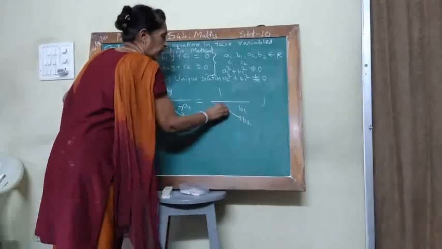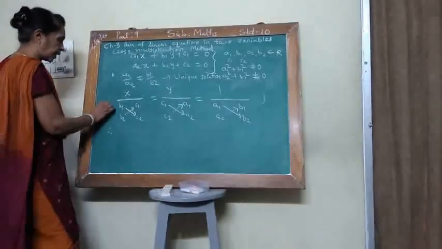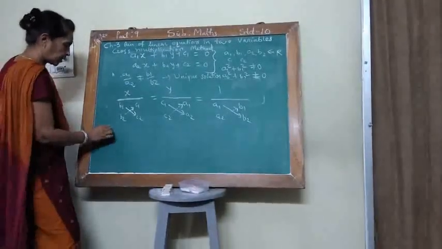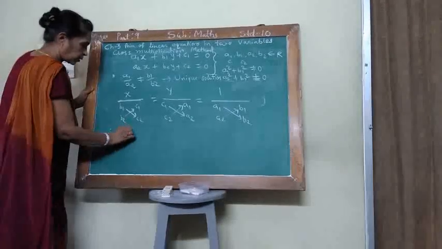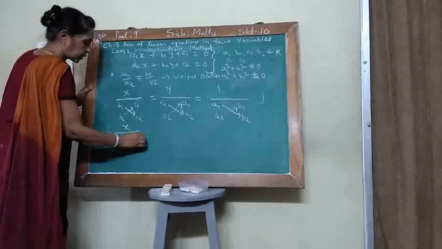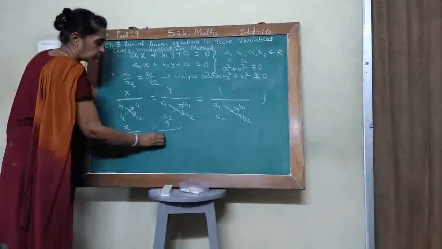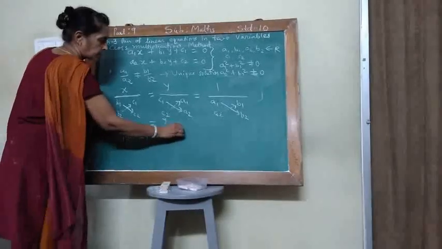Put a downward arrow like this and an upward arrow like this. And then you have to write, therefore, x upon, do multiplication, b1 c2 minus b2 c1 is equal to y upon a2 c1 minus a1 c2.